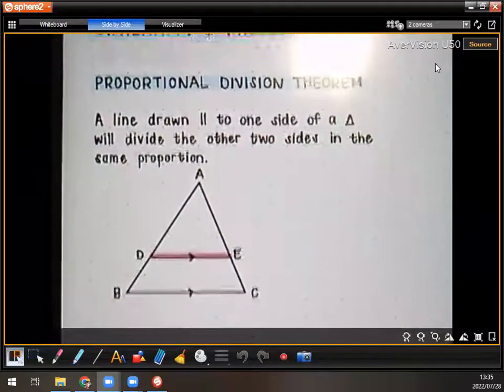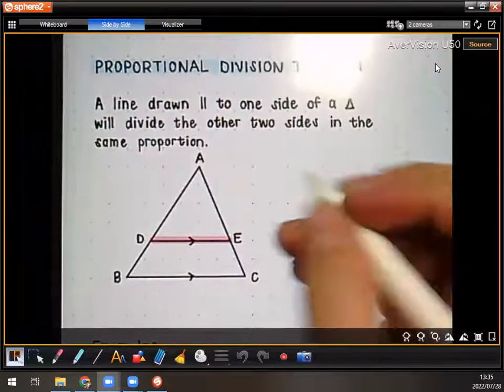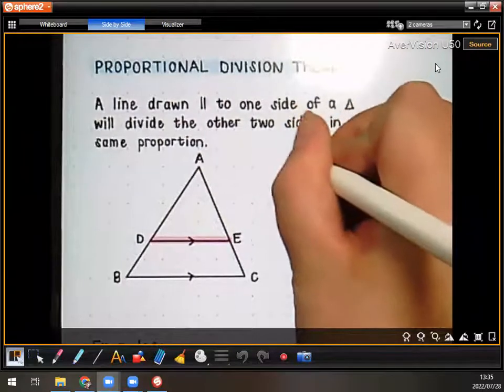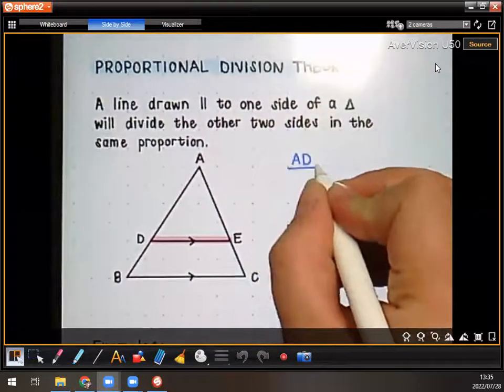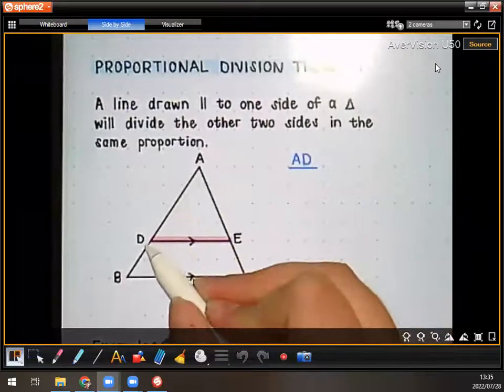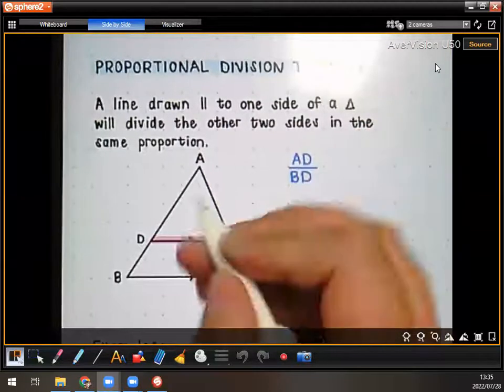We can make a whole bunch of conclusions about this triangle, this theorem. Basically, what we can say is that AD, so that section, over BD or DB, right?